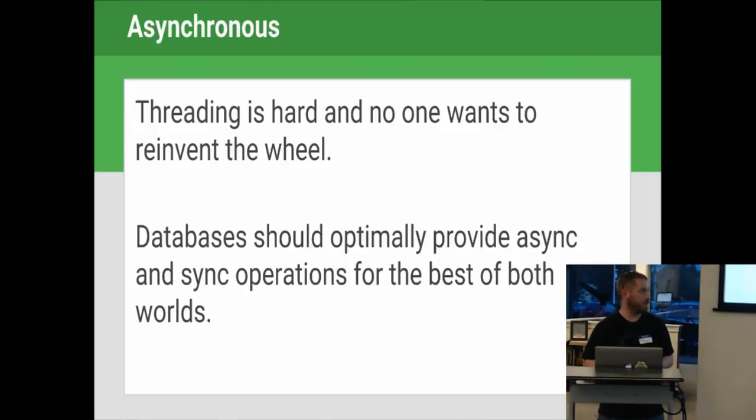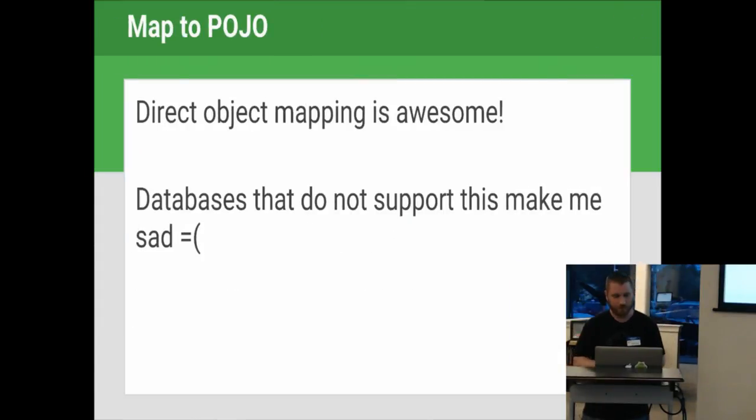So if your database were to require only synchronous access, well then you might as well not even use it, because you're going to have to write a whole bunch of code on top of the database to handle all of that. When it comes to doing the query, the read, the write, you're going to have to recreate the whole wheel just to be able to use it, because your application is probably not single-threaded if it's doing anything of importance. So asynchronous is going to be really, really important to you.